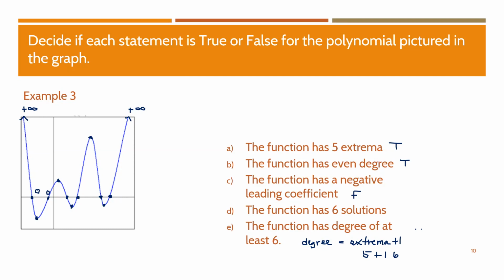So letter E is true. And then the solutions equal the degree. And so that is also true. So hopefully these problems helped you to see the connection, then the conclusions that we can make from a graph. Or if we had been given the polynomial itself, we could also have seen the degree and we could have guessed the extrema, etc.